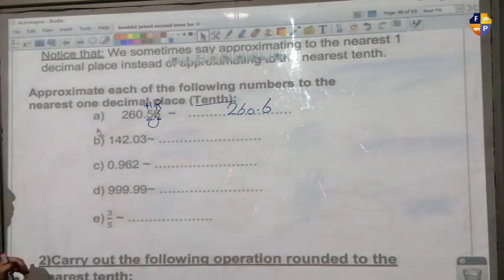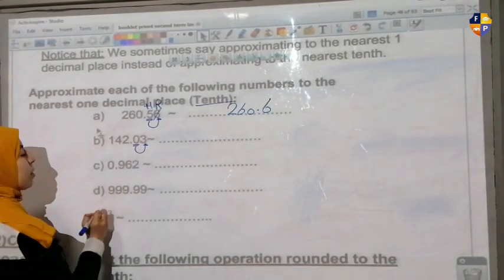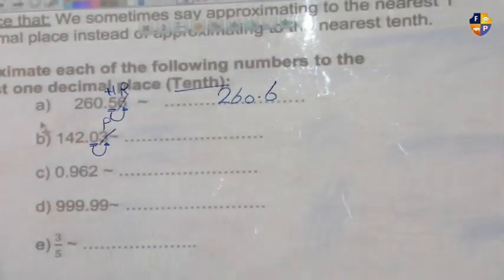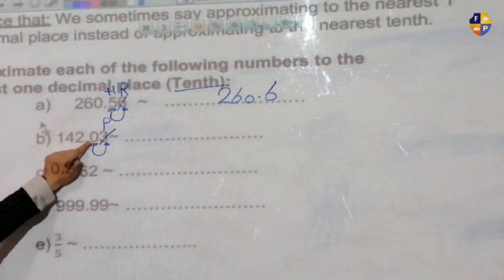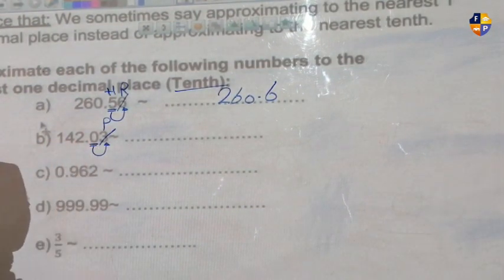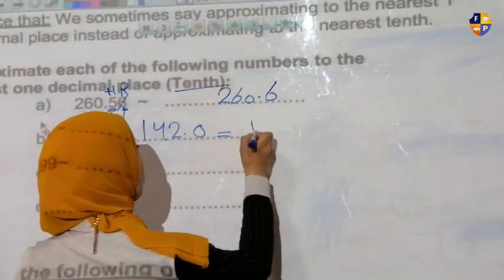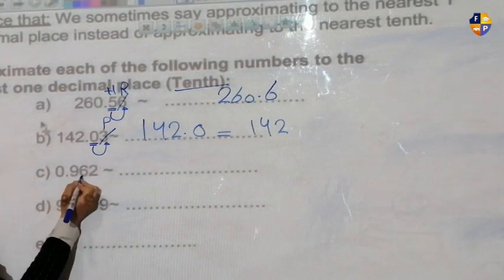Letter B, underline the digit in tenths. Look at the digit after tenths. 3 is poor, so cancel all the digits to the right of tenths and keep the other digits as they are. 142.0 equals 142. Letter C, in the same sequence, tenths, hundredths.